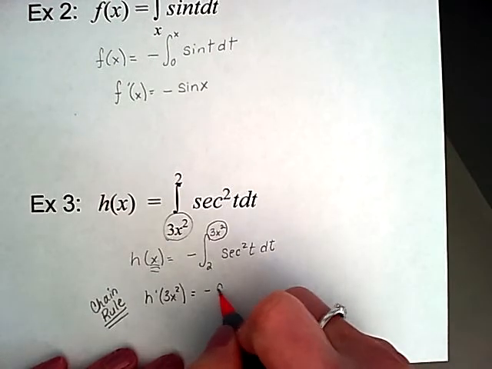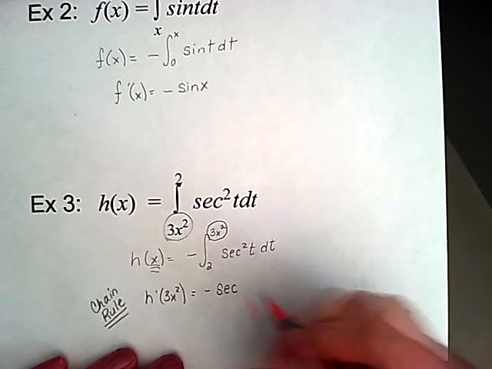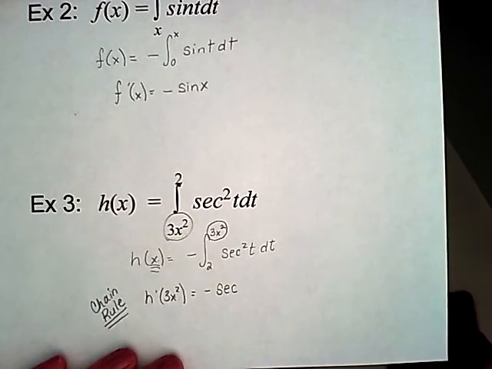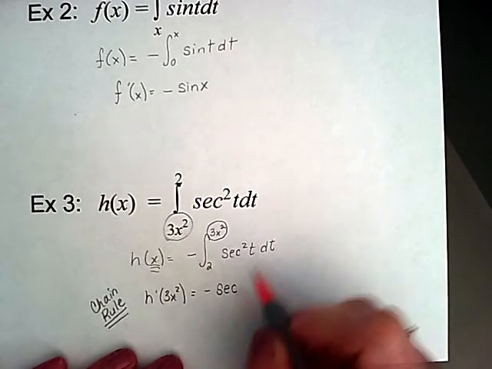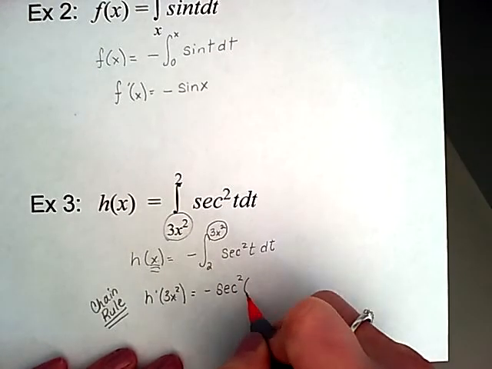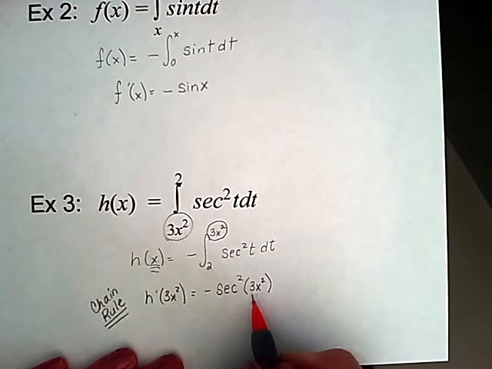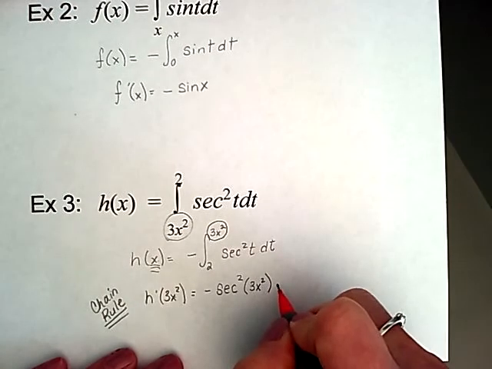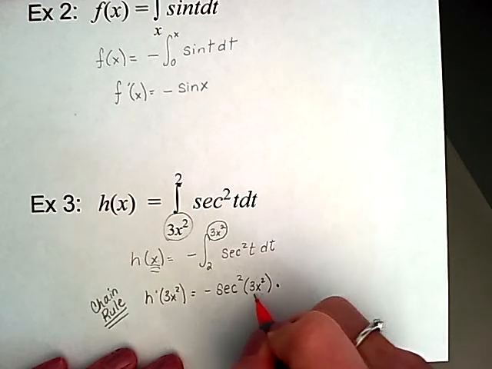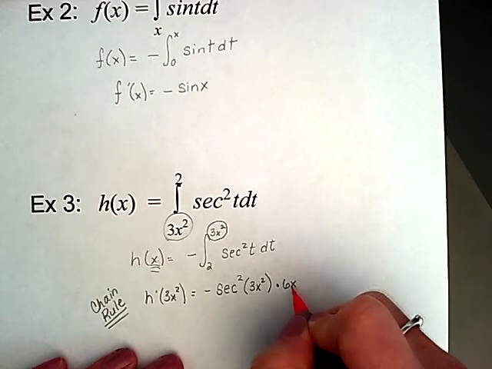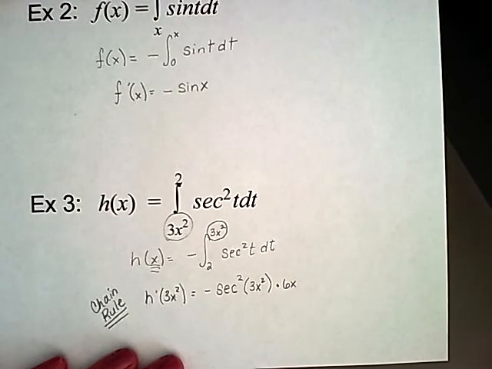I'm going to find that the derivative undoes the interval. It makes it the secant squared of 3x squared, but just like the chain rule, I leave the insides alone, and then at the end I multiply by the derivative of the insides, which gives me 6x, applying that chain rule.